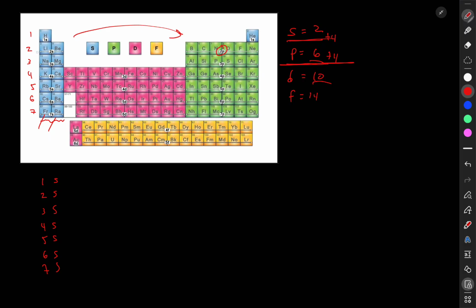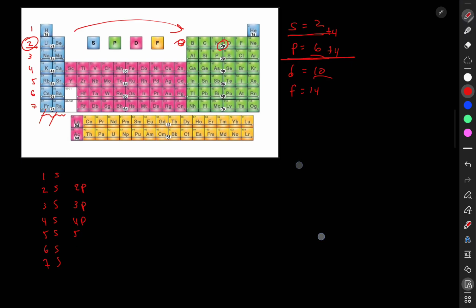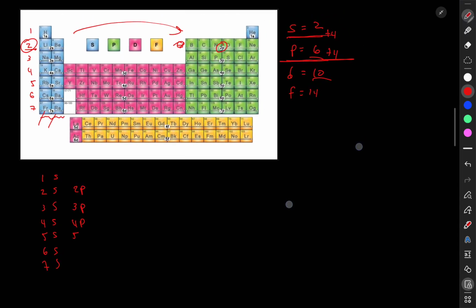Well, because if you followed the 2 all the way across where the P block is, you notice that the 2 is over here, so it starts at 2. That's 2P, 3P, 4P, and it goes down, as you can see here, to 7. So 6P, 7P. Now this is where it gets a little bit tricky, but it's not that hard.